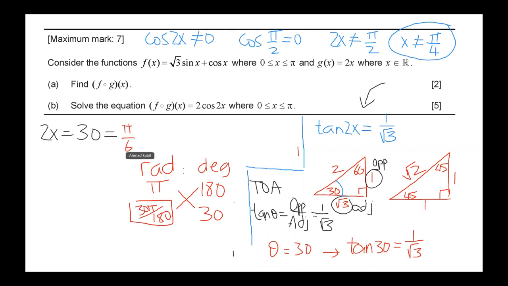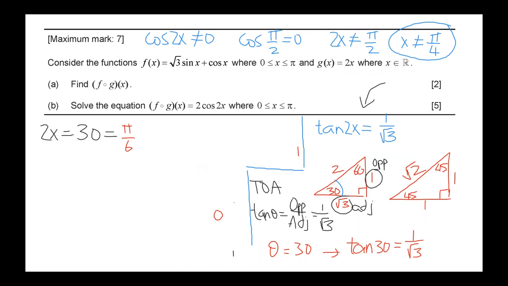Let's get rid now of that diagram. We now know that 2x is equal to pi over 6, and this tells us that x is equal to pi over 12 by dividing, of course, by 2.